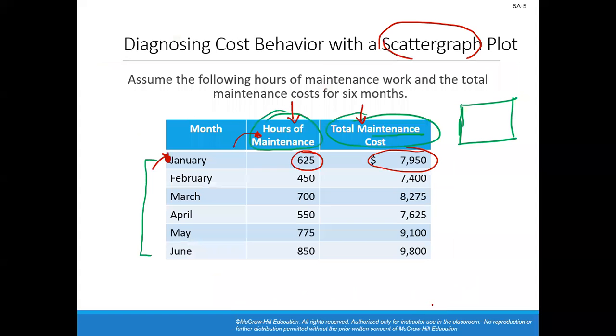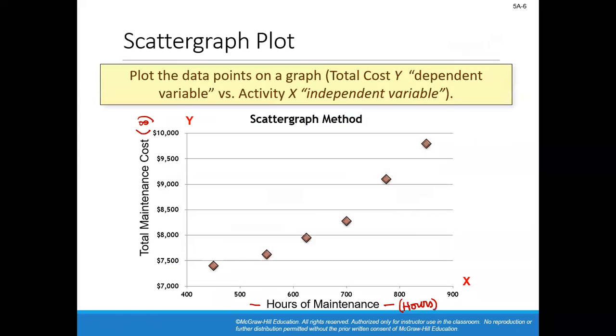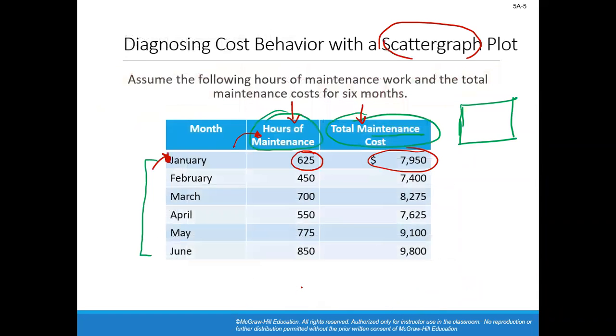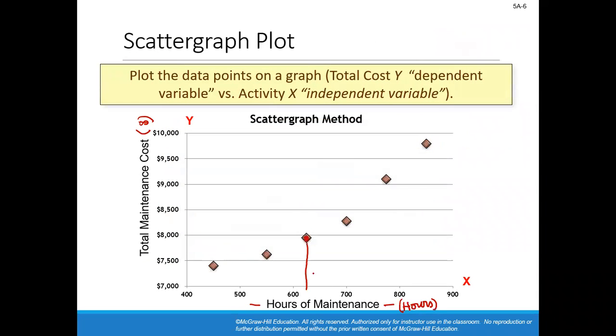So 625 hours and $7,950 cost. Okay, 625. It is probably this one. No. Yeah, this one. You see that in this plot, we are representing 625, right?